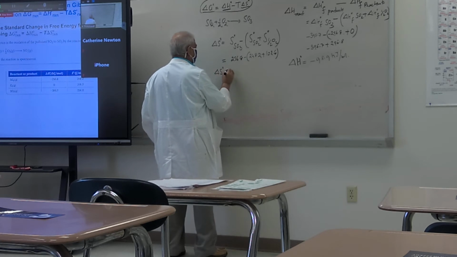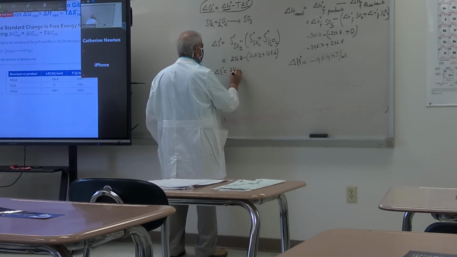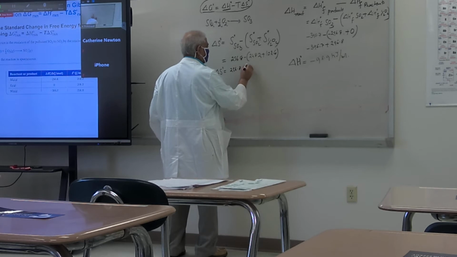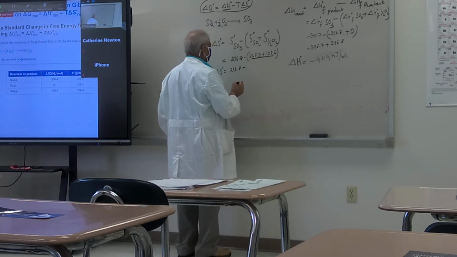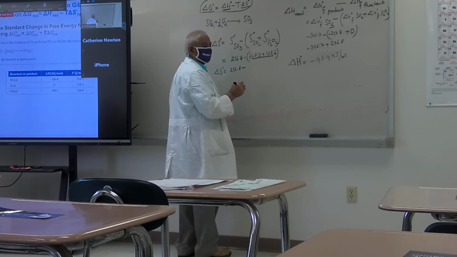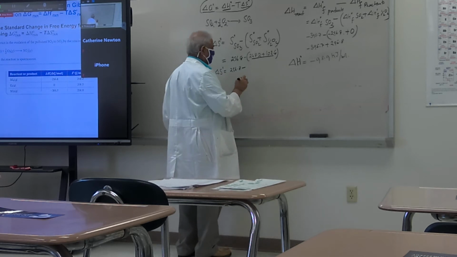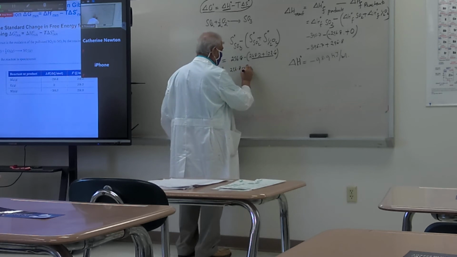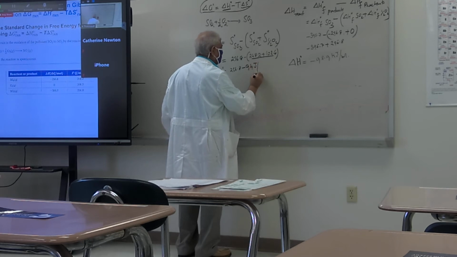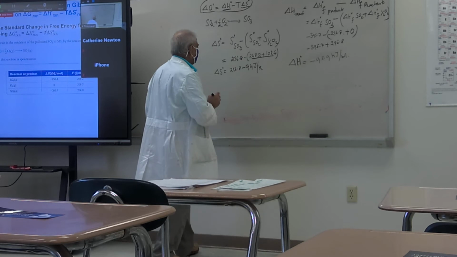Okay, now find out that delta S0 equals 256.8 minus, add these two. Negative 94. Remember, this is in joules per degree Kelvin, correct? Yeah.